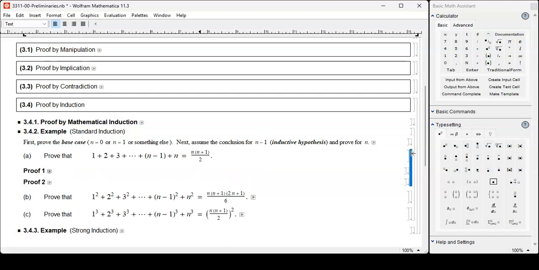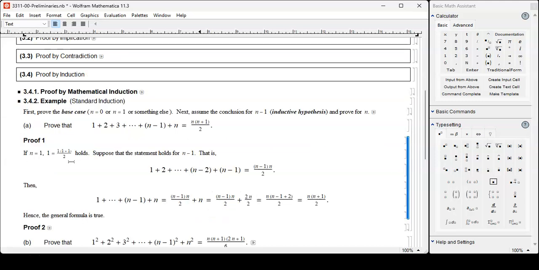In any case, let's go through an example problem here. Base case, that's trivial. And then, let's assume inductive hypothesis. Assume this is true for n-1. So we have to get this one for the n-1 version. In place of n here, I have to write n-1. In place of n here, I have to have n-1.